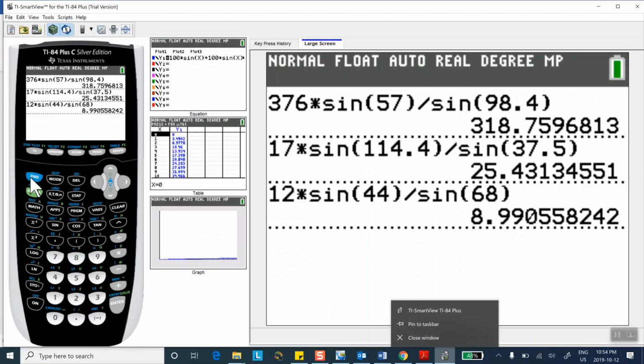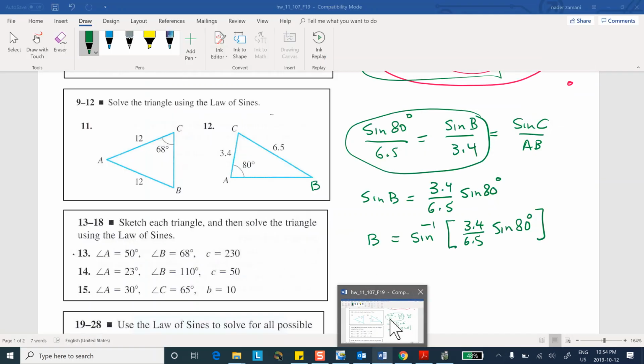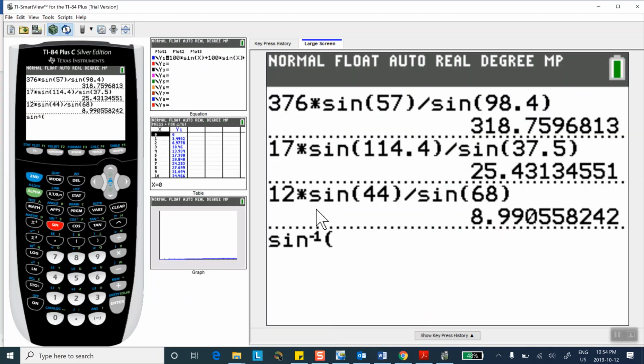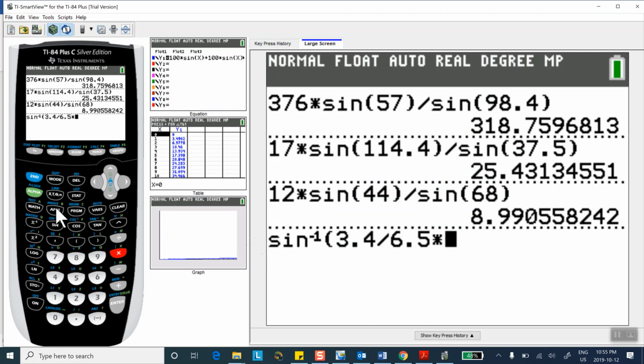Second function, sine, which means sine inverse. 3.4 divided by 6.5, oh, this is 6.5, not 65, times sine of 80 degrees.